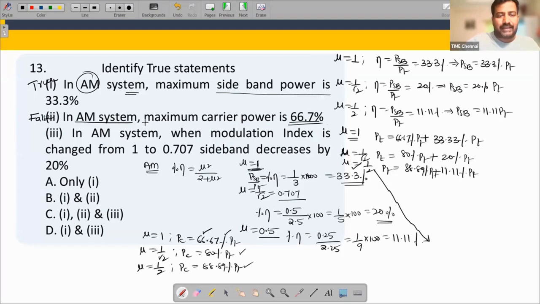So this is not max, but rather this is min. Minimum carrier power is 66.7. Next, third statement. Is it true? So what's the answer? Okay, tell me what's the answer now.